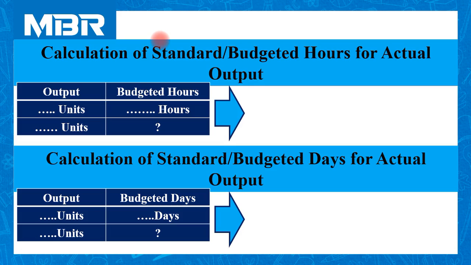Number 4, we need to calculate budgeted hours for actual output, available on your screen, which we can simply calculate through cross multiplication, and number 5, standard or budgeted days for actual output. It is also available on your screen. Simply with the help of cross multiplication, we can do it. Before starting application of any formula related to variances, it is necessary for us to go through these calculations.